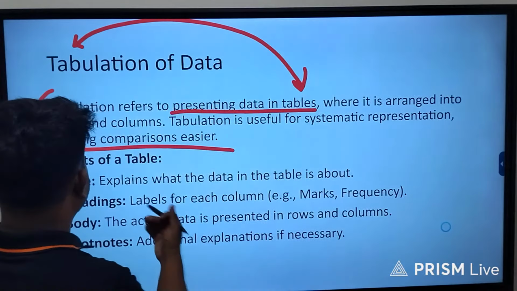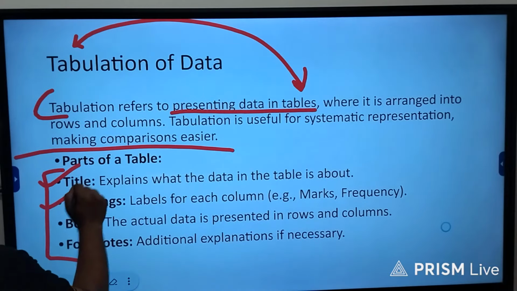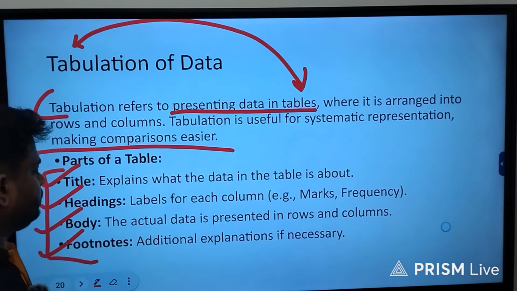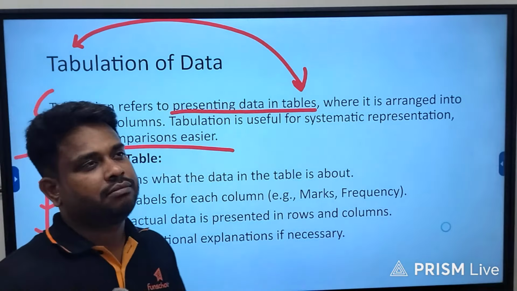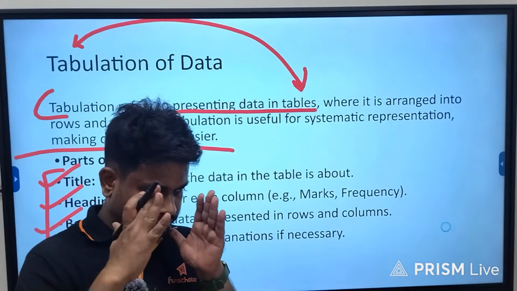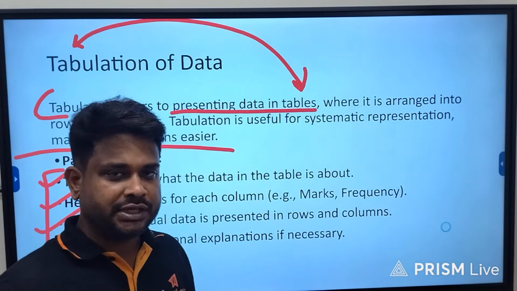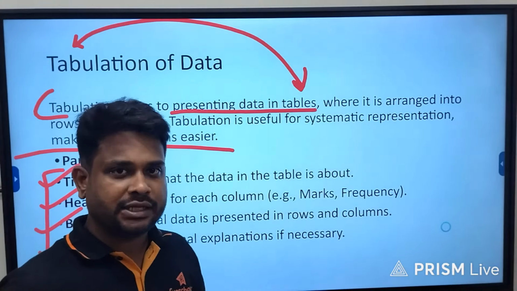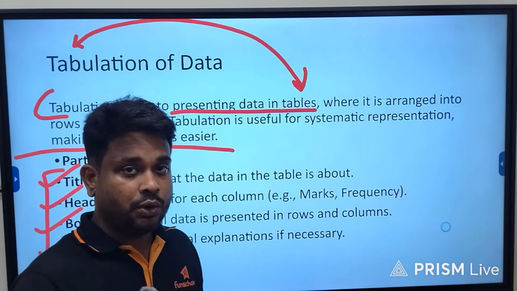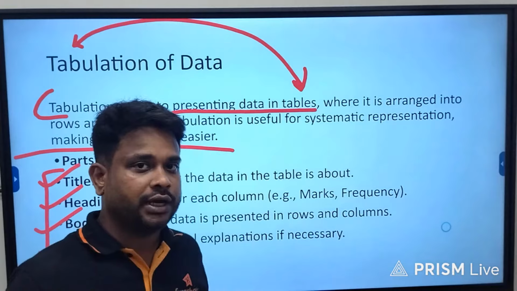Parts of a table: a table has titles, headings, body and footnotes. For different subjects as well, we draw tables for differentiation, and for many aspects, like for theorems, we try to explain a theorem in mathematics by drawing a table.